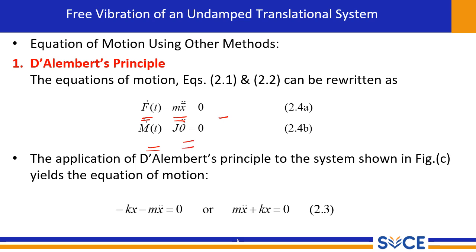Applying D'Alembert's principle to the system, we derive the equation of motion as minus k x minus m x double dot equal to 0. Otherwise, we can rewrite it as m x double dot plus k x equal to 0. This equation fundamentally describes the motion of the system under the influence of forces and moments applied to it.